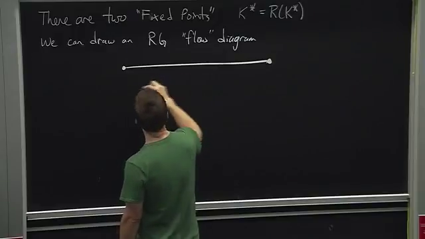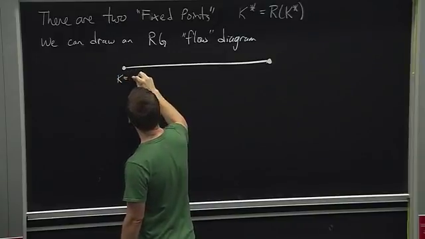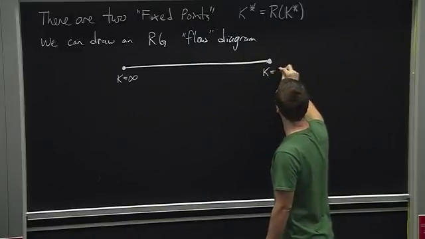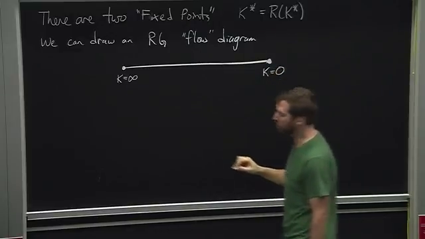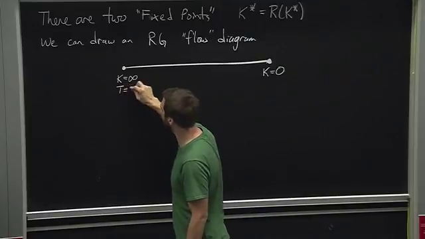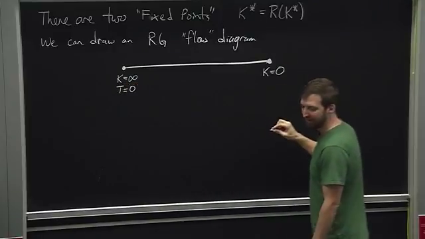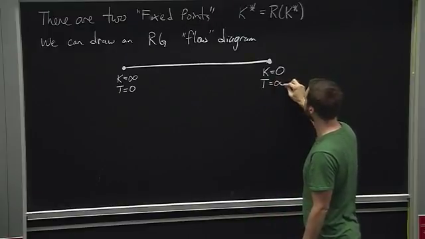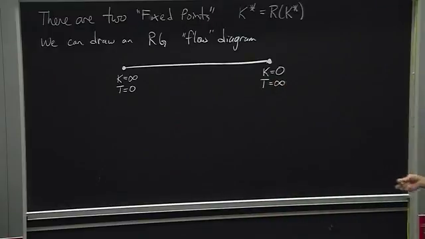Okay, so I have x's, so let me go back to K's. So I have two fixed points, K equals infinity and K equals 0, which correspond to T equals 0. So I've ordered them so that temperature is 0 on your left as usual, and T equals infinity.